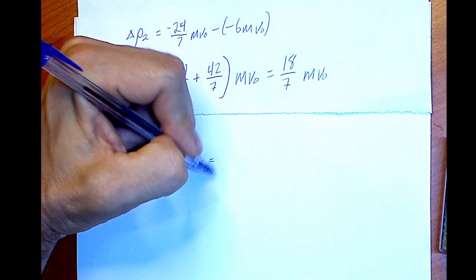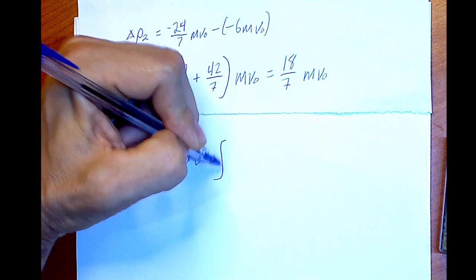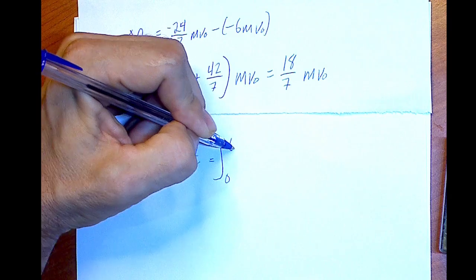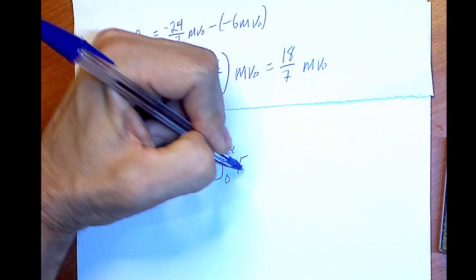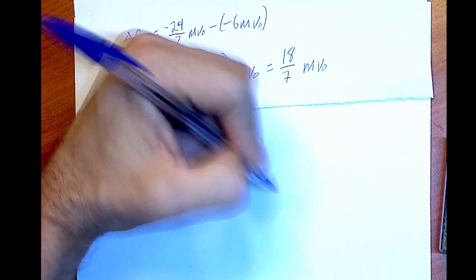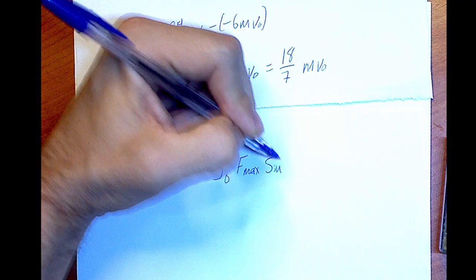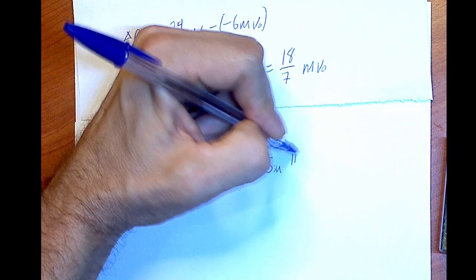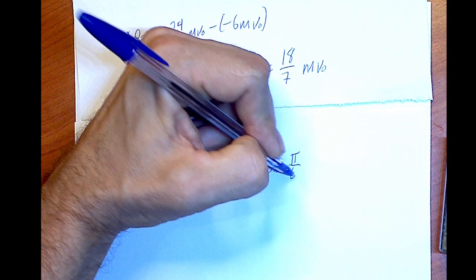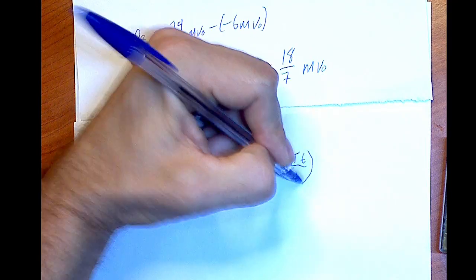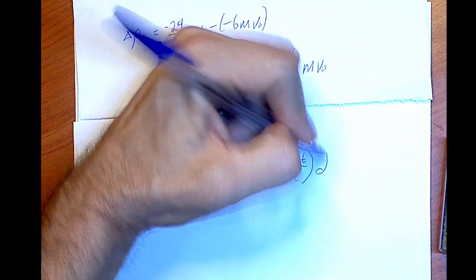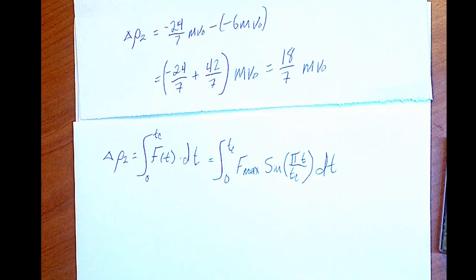Remember, this is the integral from 0 to TC of now F max sine of pi over TC t dt.